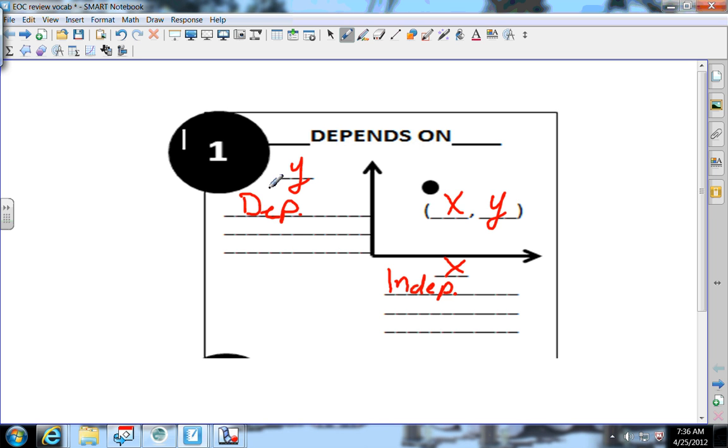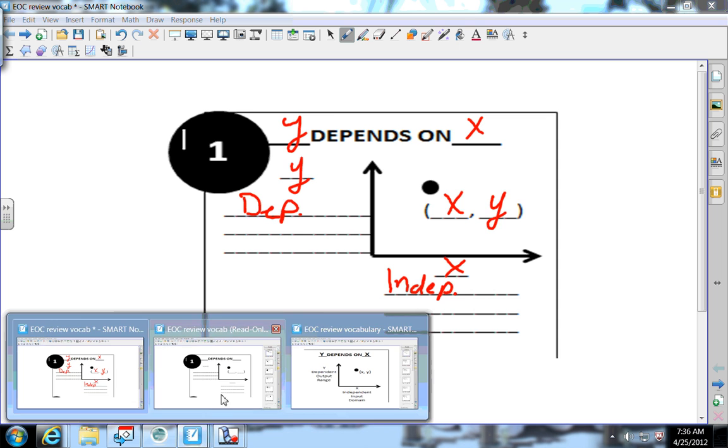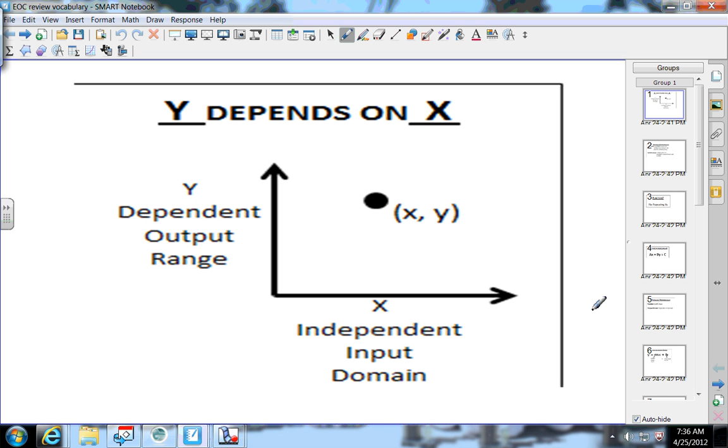So looking at that, blank depends on blank. Y depends on X. Don't write anything yet till I tell you. Okay, so let's look at this right here. Here are the things that you need to have written down that you need to know.